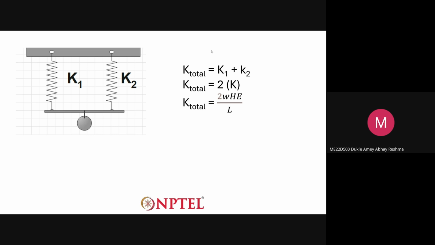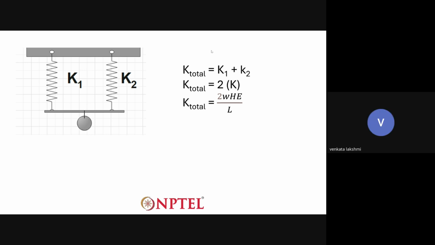When the force is equal on both springs, it is parallel. Here you have the springs in parallel. L has no relation to that. Even if the springs were in series, you will get L in the denominator only.